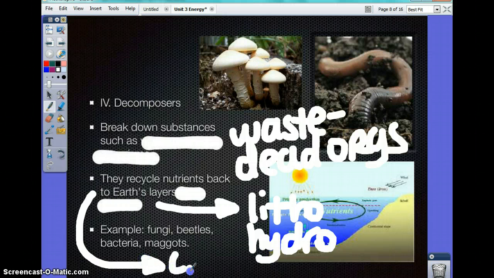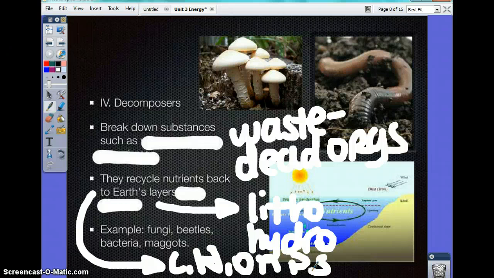Carbon. Only carbon? Nitrogen, and phosphorus, all of them. Yep. Okay, carbon, how does it return back to the earth? Decomposed. Hydrogen, oxygen, nitrogen, they all get decomposed. If not, they wouldn't recycle, because that's what causes them to recycle.